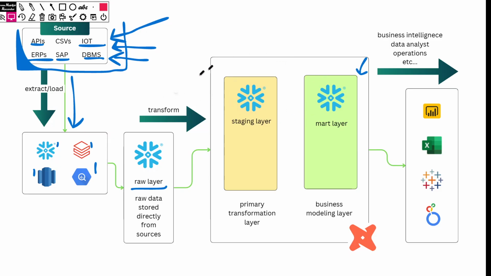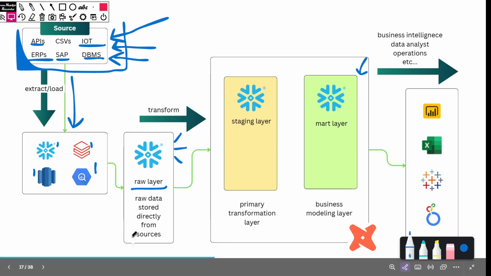You've done some poor transformation somewhere and you're seeing that your figures are giving something else. You can always refer back to your raw layer where the single source of truth is, right? You know you've not done anything here. You've not performed any transformation here. So you can always refer back to this data and then trace whatever it is that you did that is wrong, or try to just observe the lineage or how your data is flowing.